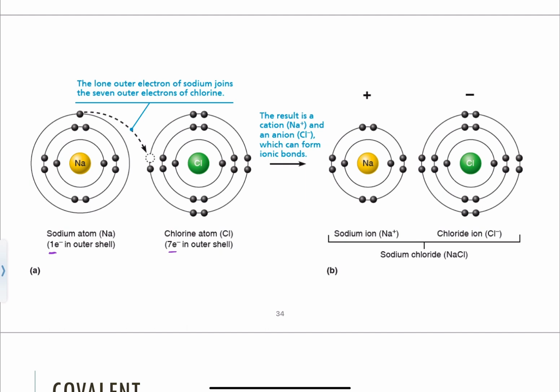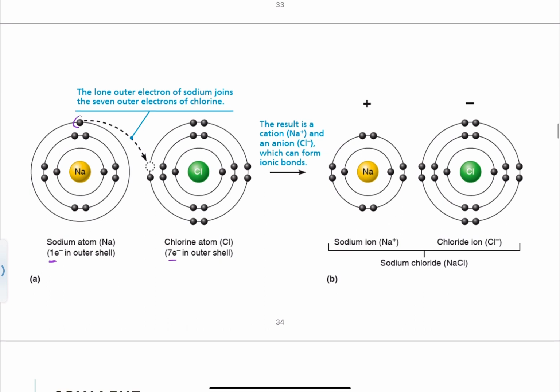It's going to donate that sole electron that's out here, give it to chlorine. Chlorine needs an extra electron in order to fulfill having 8 electrons in its valence shell. And again, when we're talking about chlorine, how things naturally work, it'd be a lot easier for chlorine to take an electron from another atom than it would be to give away 7 electrons in order to have a full valence shell.